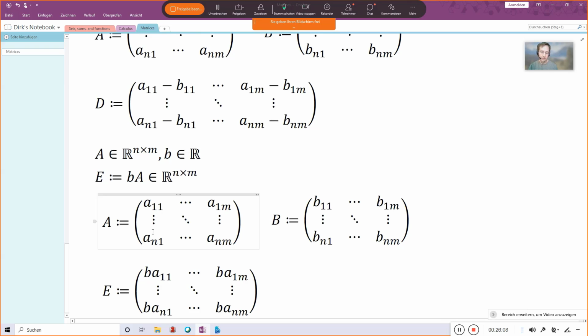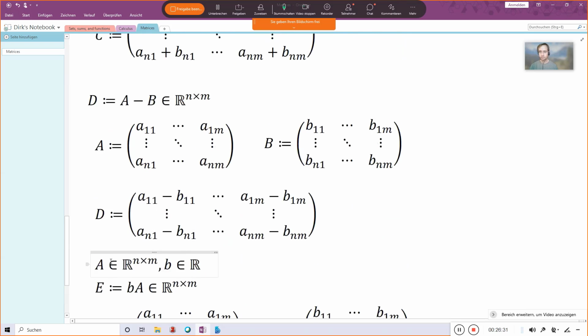If these two matrices have the same number of rows and the same number of entries, you would then call this vector addition or vector scalar multiplication, because vectors, as we treated them so far, are just matrices comprising a single column.